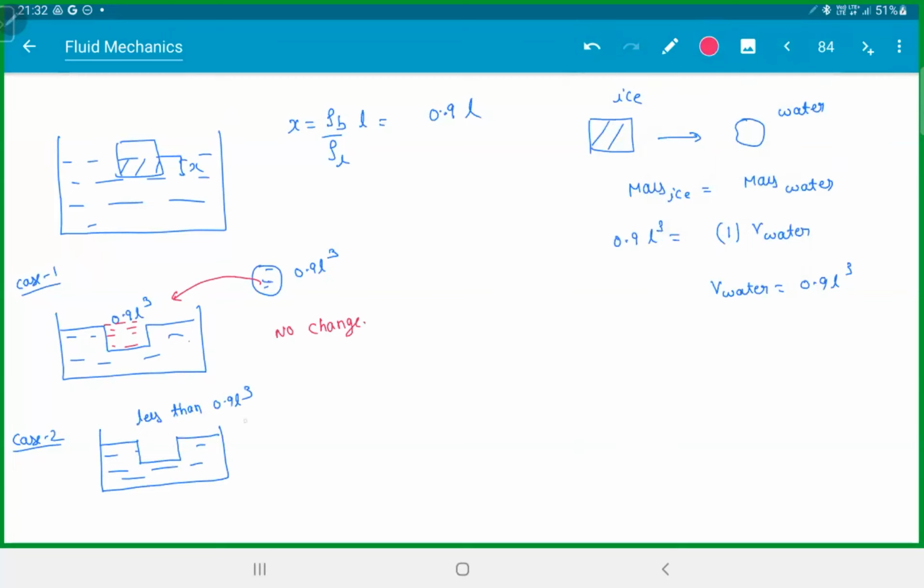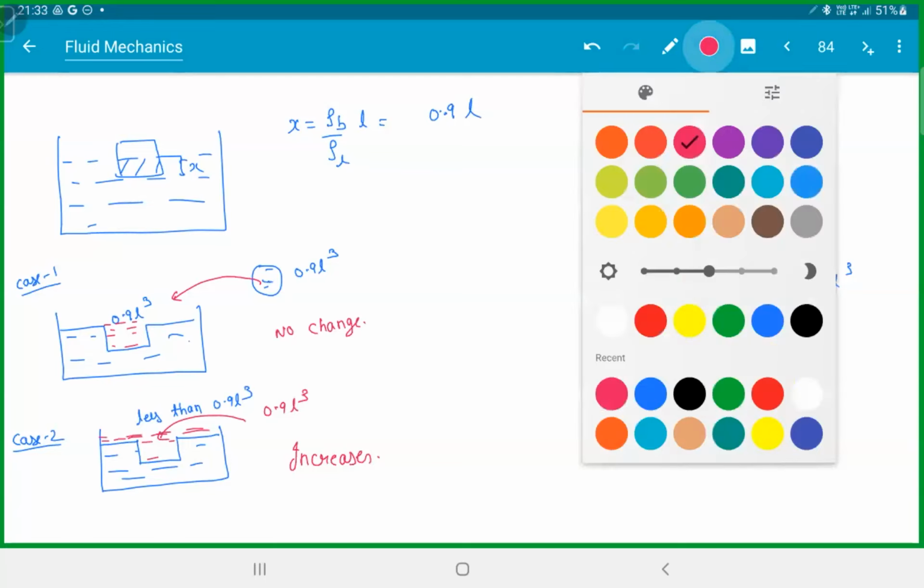But the water is still how much? 0.9 L cube. So what will happen? It will overflow, right? The level increases. Are you getting this logic, everyone? The cavity size is smaller, less than 0.9, but the volume is still 0.9, so water will overflow.